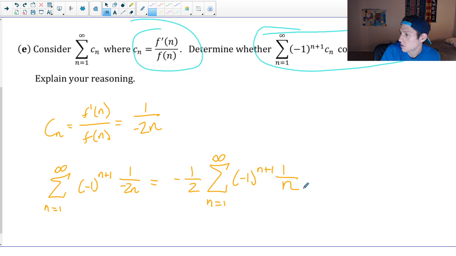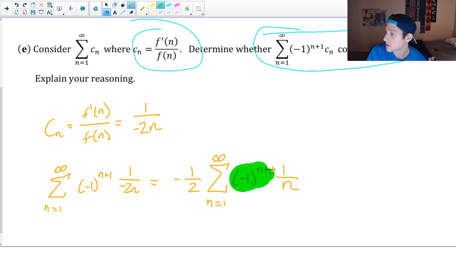So this is just 1 over n. Okay, so looking at this, I feel confident in thinking that since there's this part with the negative 1 to the n plus 1, that tells me that the series is going to alternate between positive and negative. I'm thinking I need to use the alternating series test.